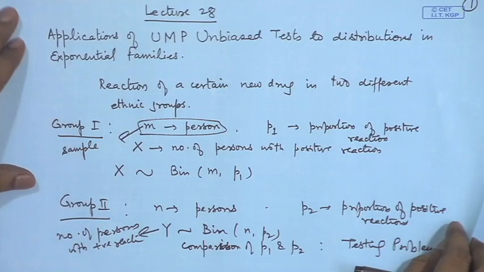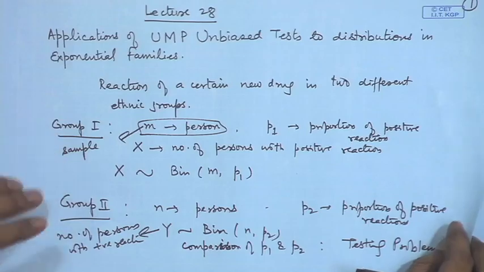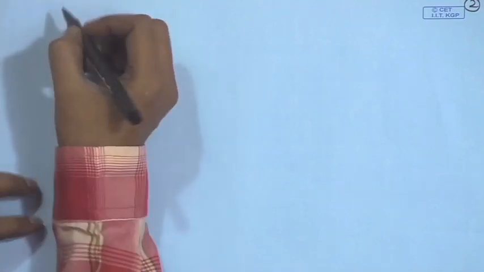So, we may like to test whether P 1 is equal to P 2 or P 1 is less than P 2 or P 1 is greater than P 2 or simply P 1 is not equal to P 2, etcetera. Various types of comparison statements can be given. Let us see, we will demonstrate here that using this procedure that I developed in the last class, it is applicable here and we will be able to derive an exact UMP unbiased test for these problems.